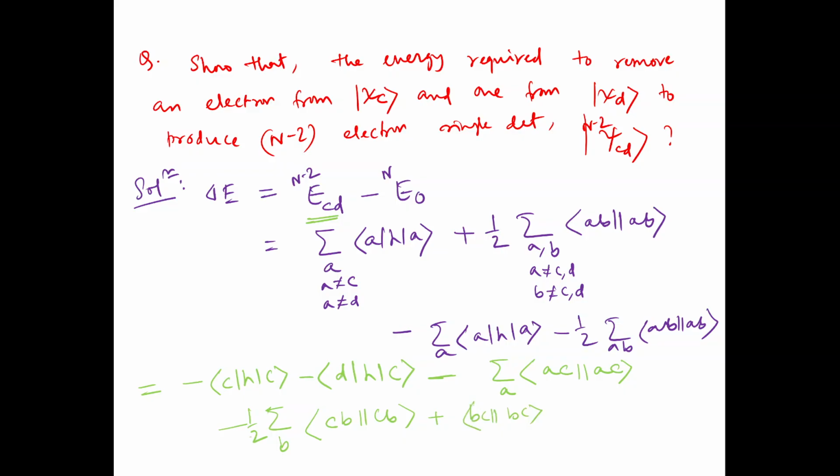So you'll have 2 here and this half will cancel out. So I'm just going to write CB, CB. Sorry, this is AC, AC, and this term will be DB, DB.